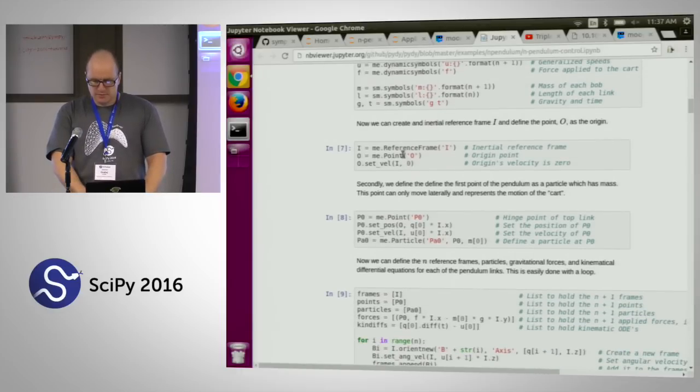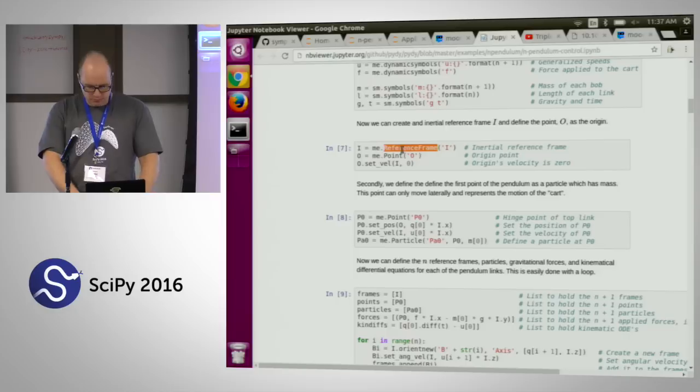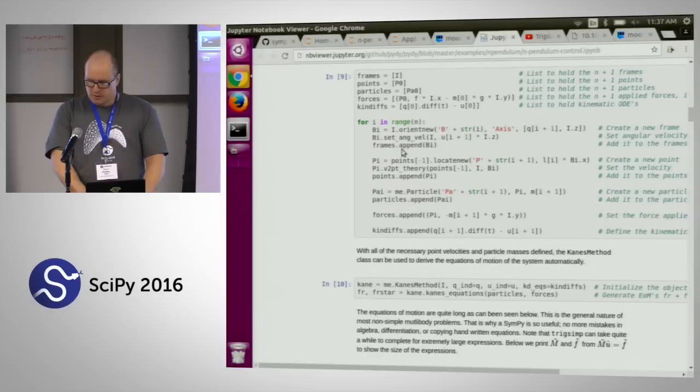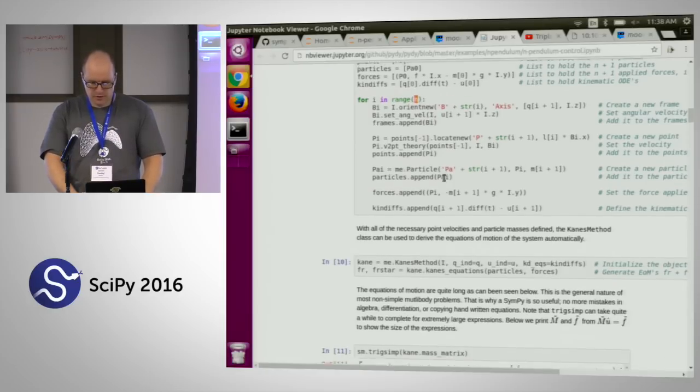And then it has these reference frames, mechanisms to create any kind of system you want. In this case, we'll create a pendulum. You can see I'm looping over n, where n is the number of pendulums I have. And you can see I'm constructing the whole system using those reference frames.